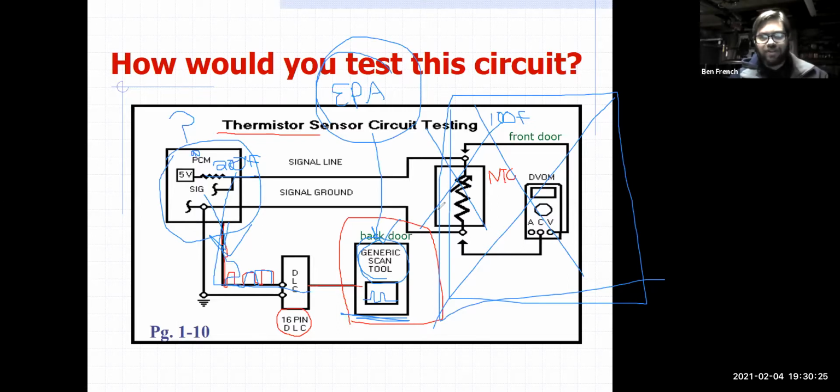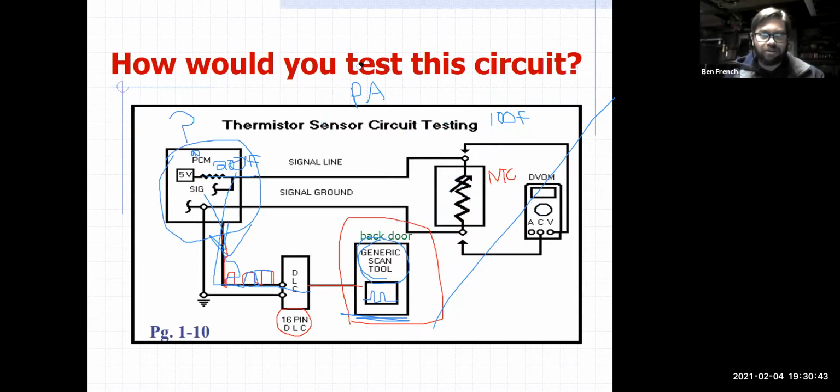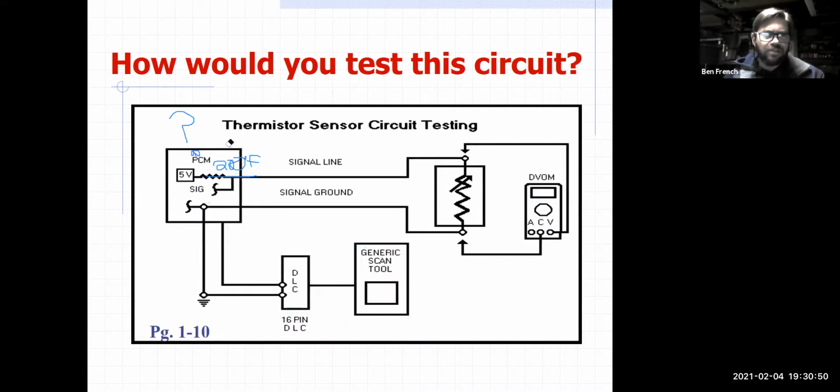So even though I wasn't ready to necessarily get into the specifics of this circuit, I wanted to point out how everything's hooked up. The scanner's hooked up, back door, and the sensor's the front door, where your multimeter comes into play for testing. Another analogy Snap-on uses is that the scanner is almost like a compass.